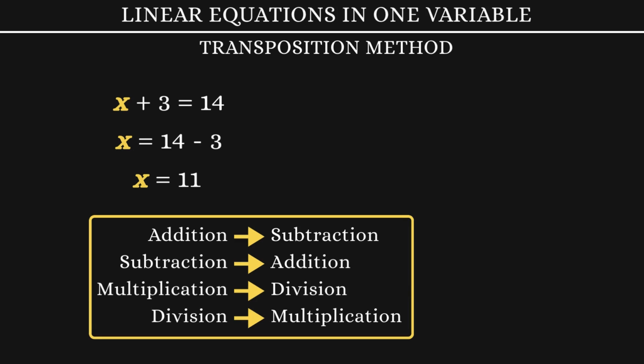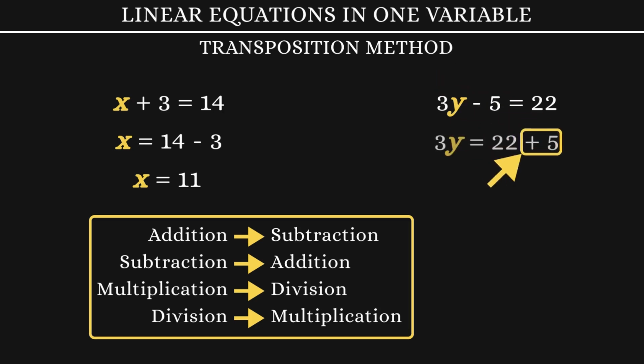The next question. 3y minus 5 is equal to 22. First we'll move the minus 5 to the other side, which becomes plus 5.